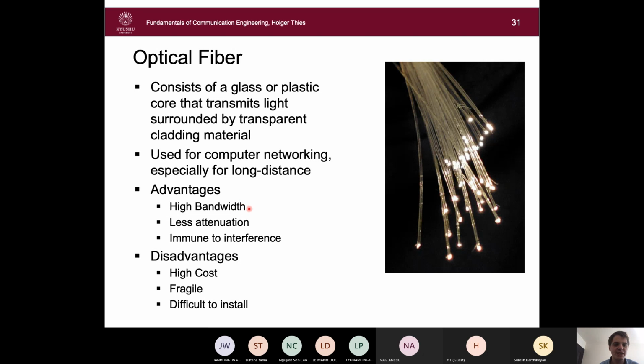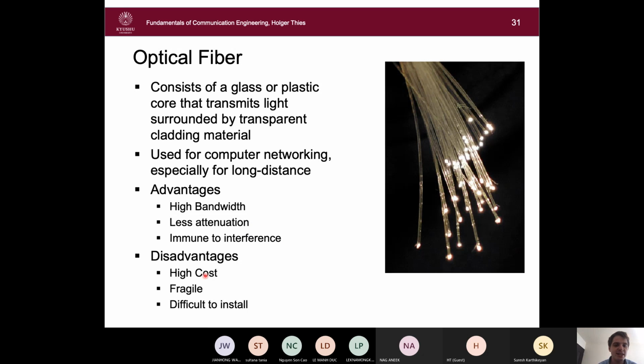For example, they have quite high bandwidth. They have less attenuation than other types of cables, and they are kind of immune to interference because light is insensitive to electromagnetic interference.